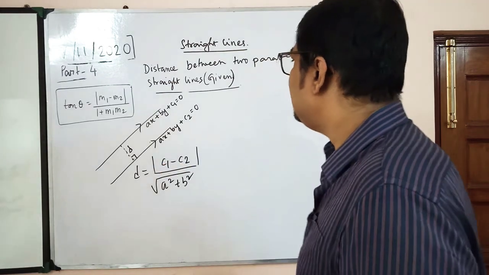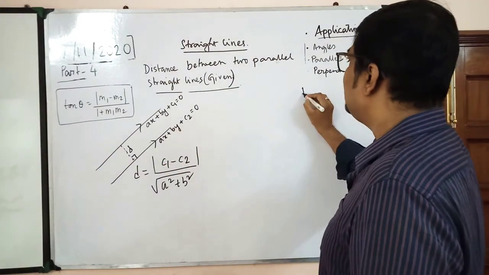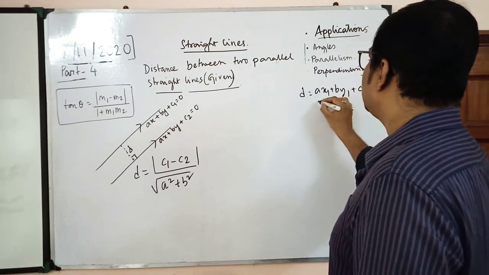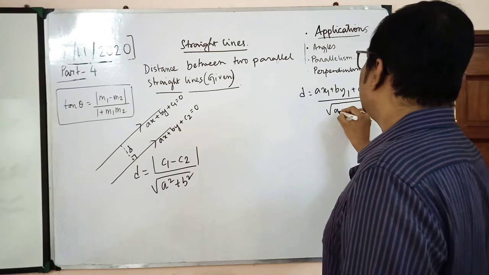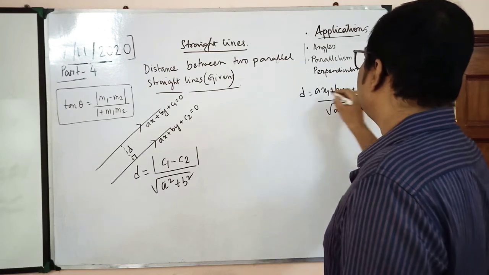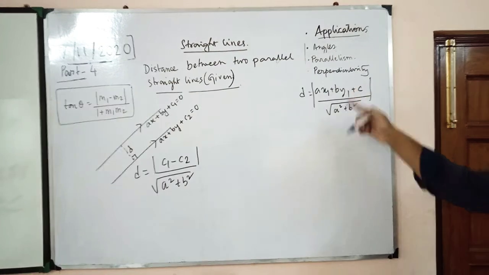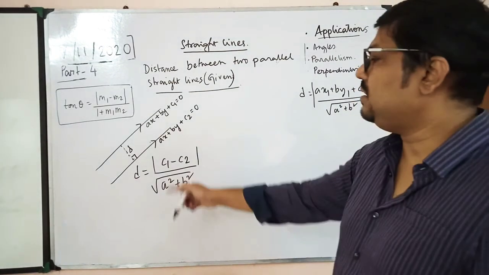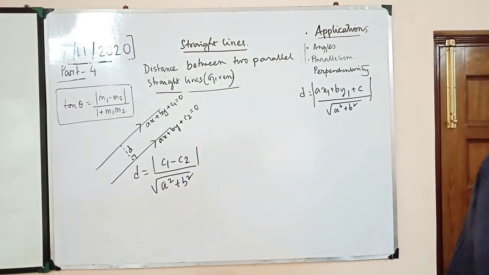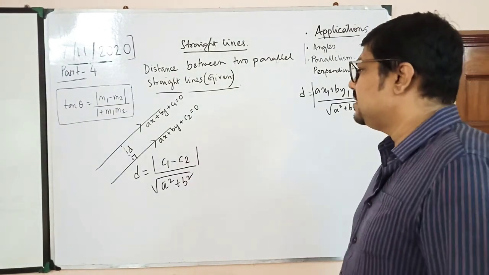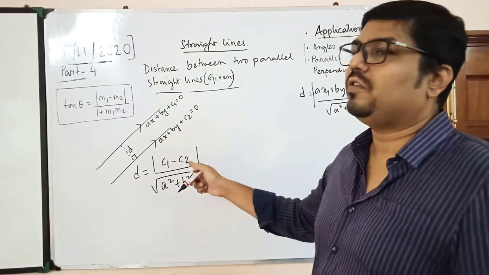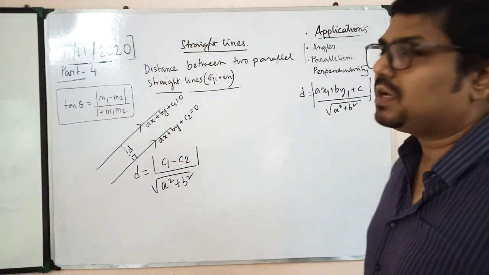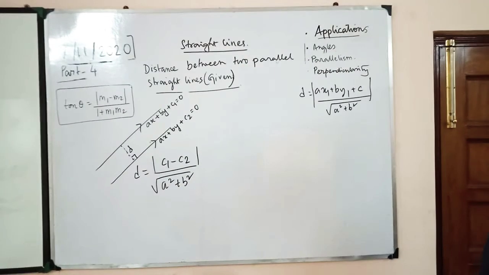So if you see the earlier formula, I wrote ax1 plus by1 plus c by root over a square plus b square. So it is almost the same. That was the distance between the point and the straight line, and this is the distance between the given parallel straight lines. So obviously if one is bigger, it has to be modded and the positive value will be taken because distance is always positive.